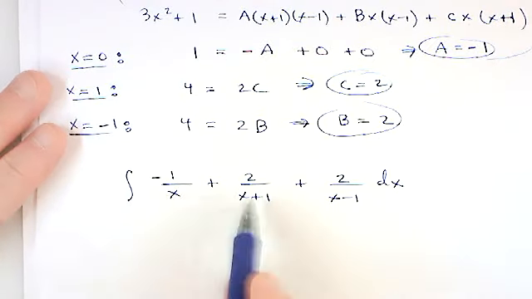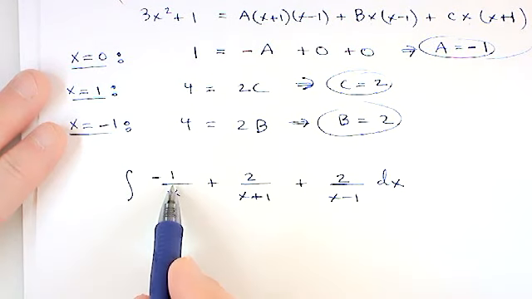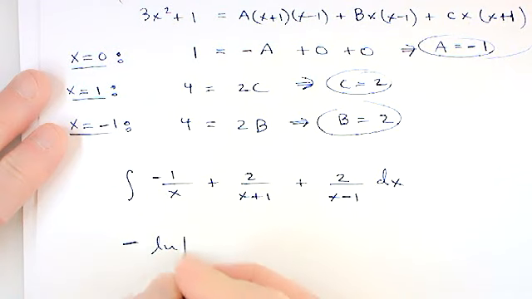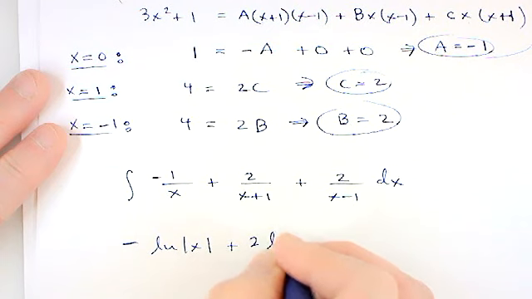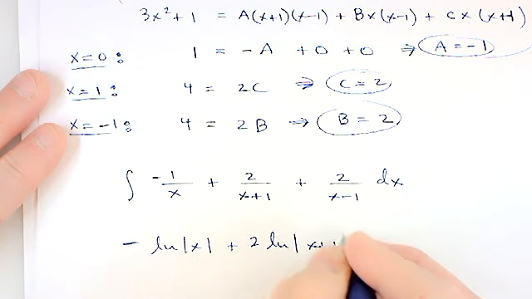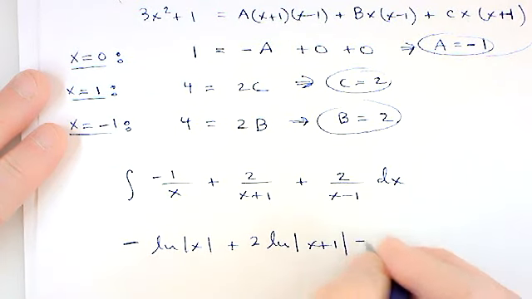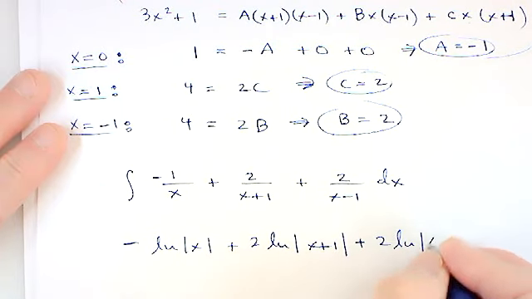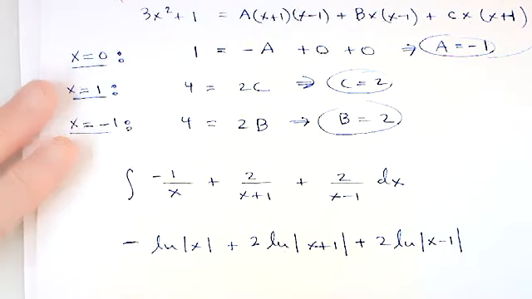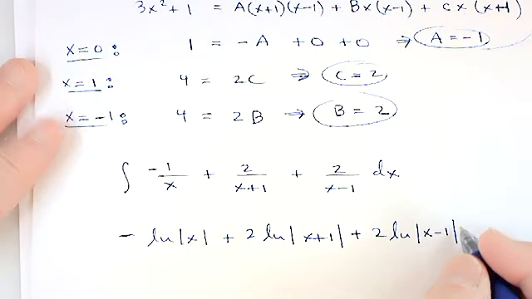The previous problem, I broke that up into 3 separate integrals, but as long as you're comfortable, the integral of the first one's going to be negative ln absolute value of x. This one's another ln. It's 2 natural log of x + 1, absolute value, and then another 2. You get a lot of ln integrals when you do this. So oftentimes you can just go straight to integrating without separating those out.